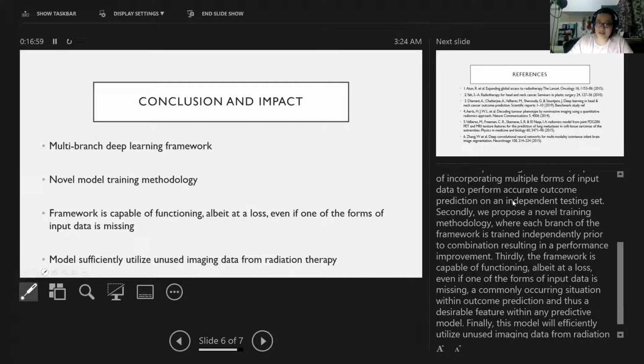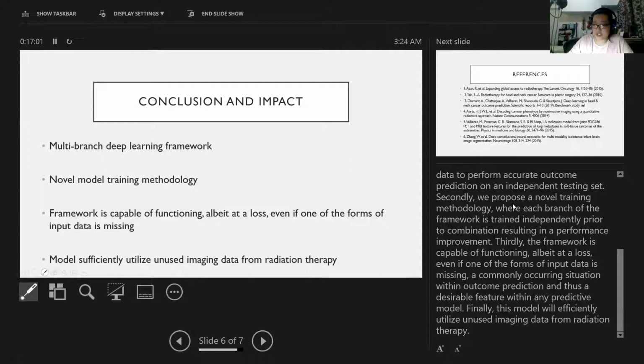Thirdly, the framework is capable of functioning, albeit at a loss, even if one of the forms of input data is missing, which is a commonly occurring situation within outcome prediction and thus a desirable feature within our predictive model. Finally, this model will effectively and efficiently utilize unused imaging data from radiation therapy.